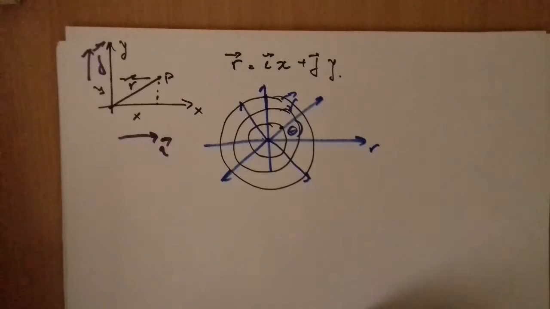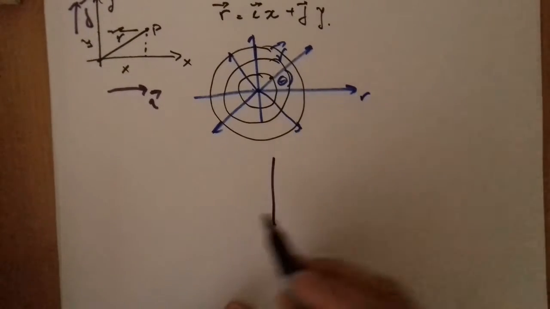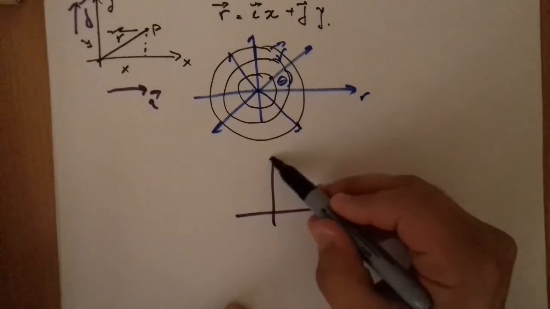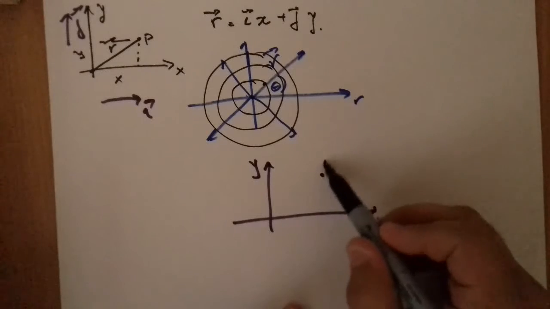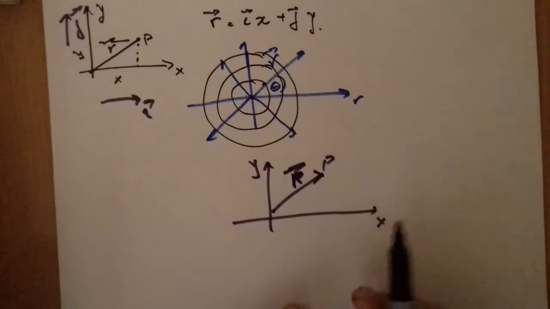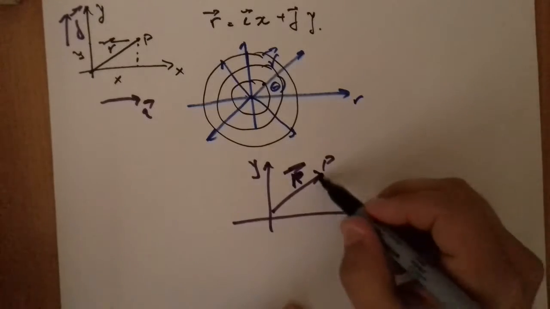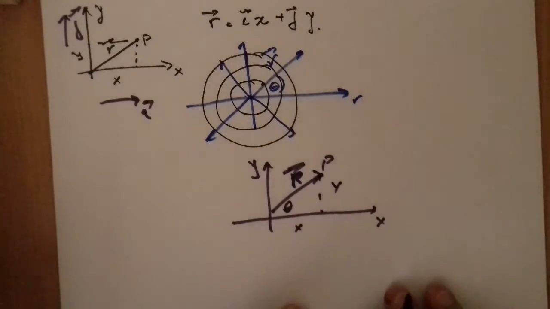So we have here x, y, point P, this is the r vector, and this is x, this is y, this is theta.